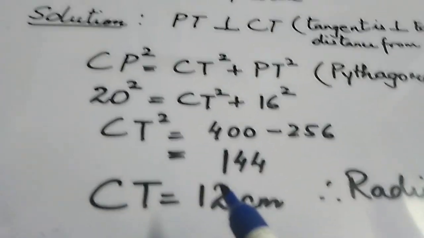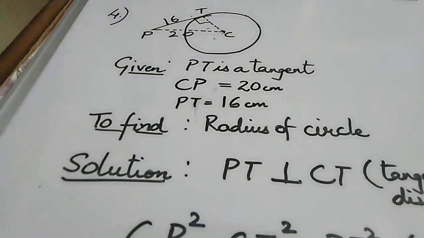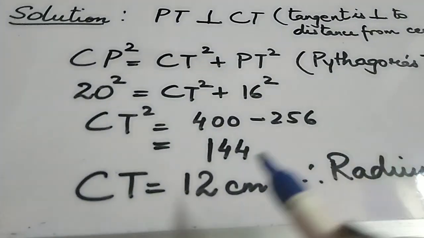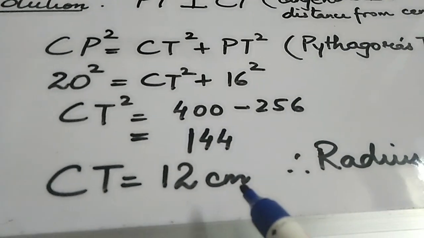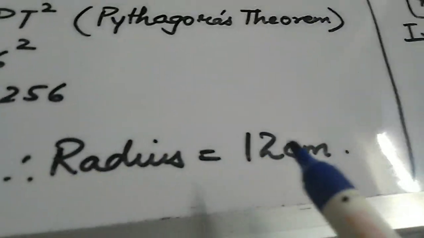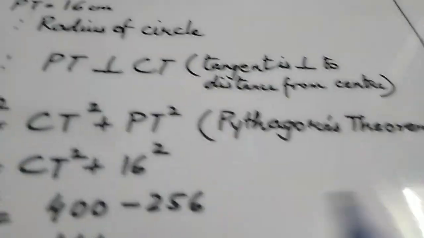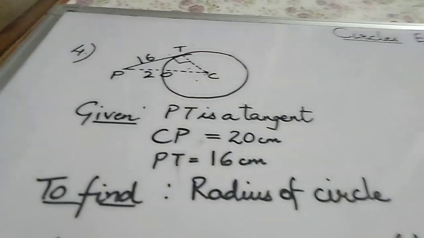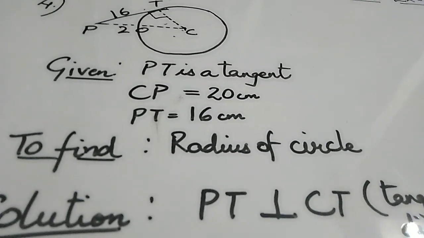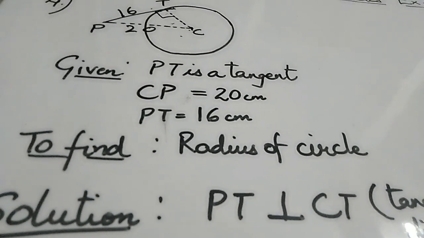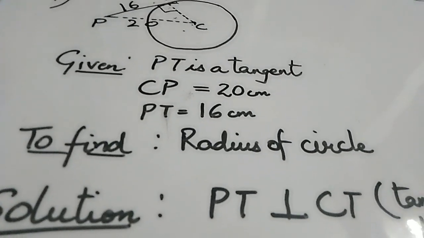But since CT is the radius and it cannot be negative, we neglect the negative sign and say CT is 12 centimeters. Therefore, the radius is 12 centimeters. I hope this is clear. Which concepts have we used in this question? That a tangent is perpendicular to the line from the center, and secondly, Pythagoras theorem.